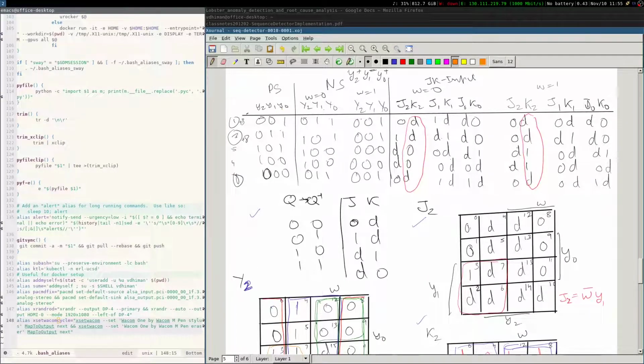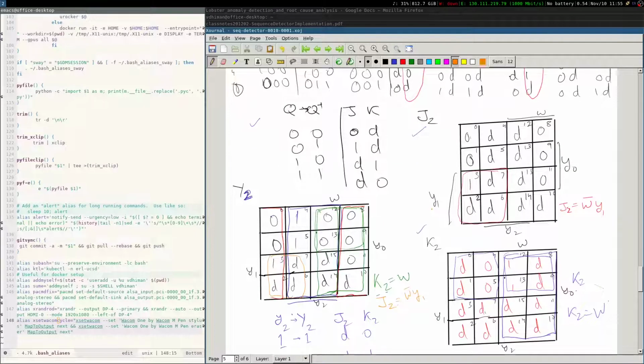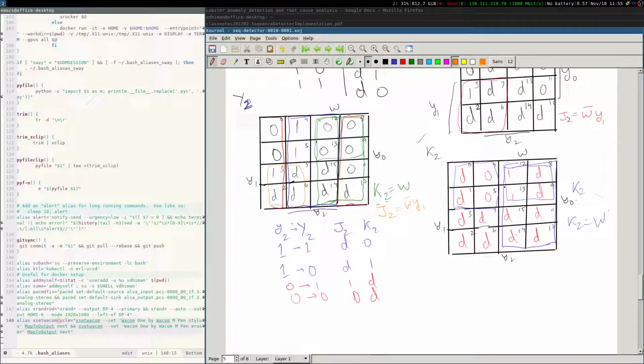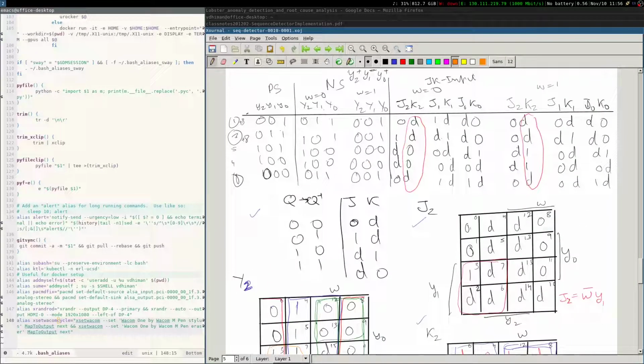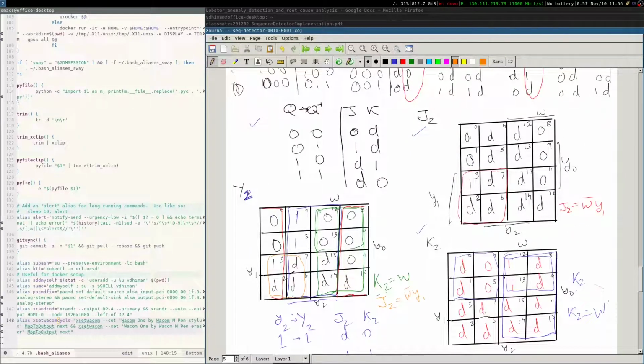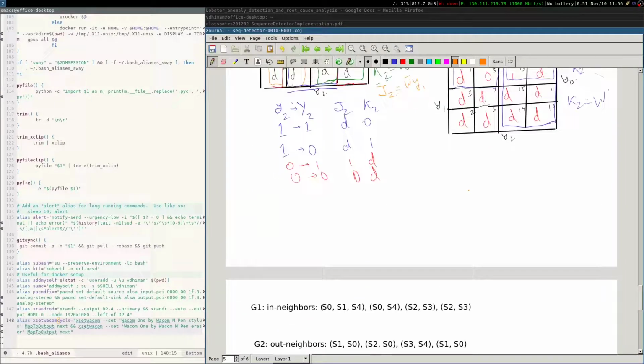Okay, so we went over the step-by-step process of figuring out what J2, K2 should be using the excitation table. We filled out the J2 K-map and K2 K-map, and now we seem to be reaching some simpler rules that can give us some kind of shortcut to come up with J2 and K2 K-maps.